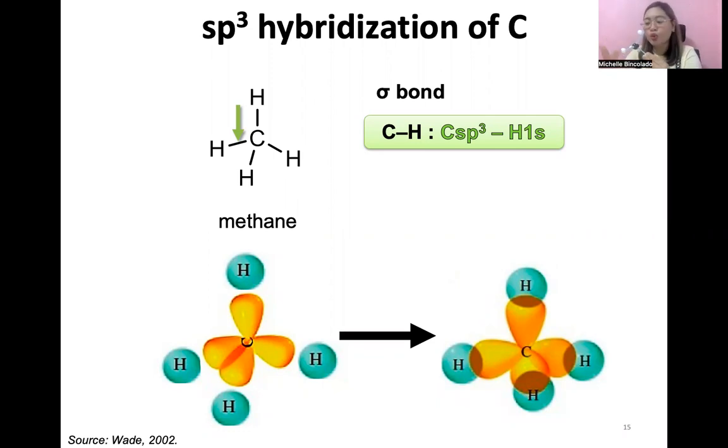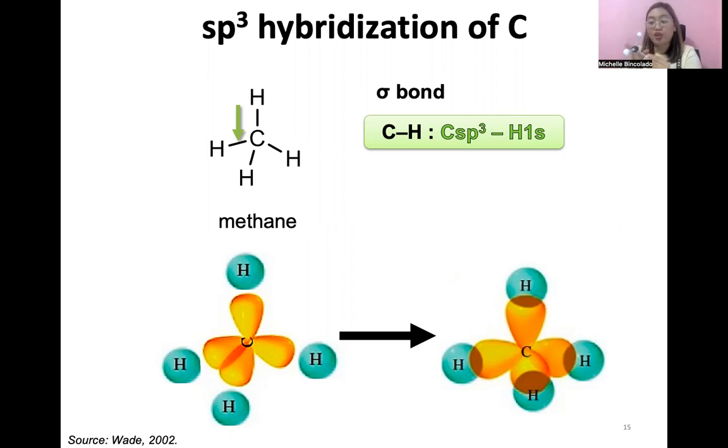We don't want the electron pairs to be close to one another because we want to prevent electron pair repulsion. I hope you still remember VSEPR from your in-org, diba? So guys, arrangement na to, we call this tetrahedral, because if you draw sides here, this will resemble the geometry of a tetrahedron.